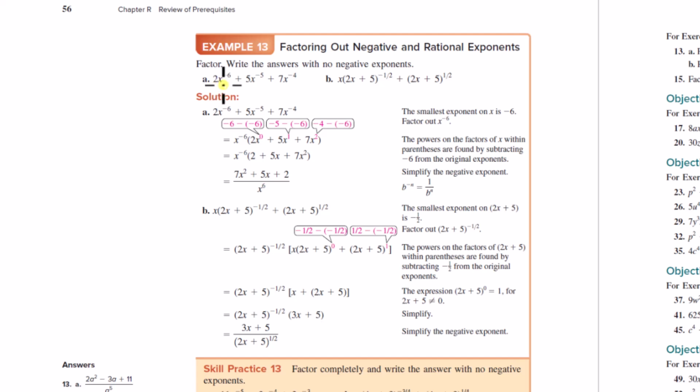Try factoring out what you need to make these regular positive numbers. So if you factor out an x to the -6, you get this to the 0 plus this to the 1 plus this to the 2. Okay, yeah, then you reorder it. Yeah, so -4 is greater than -5 and -6. So when they factor out an x to the -6, they get this here, 7x squared plus 5x plus 2, and then they write it this way.